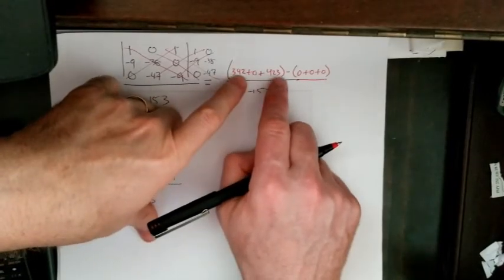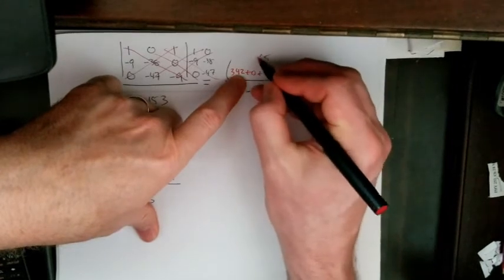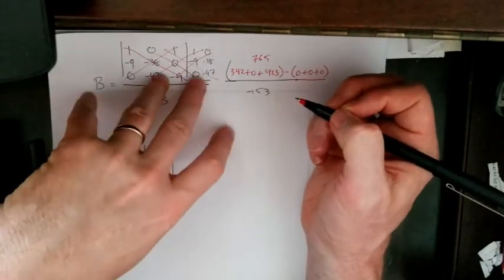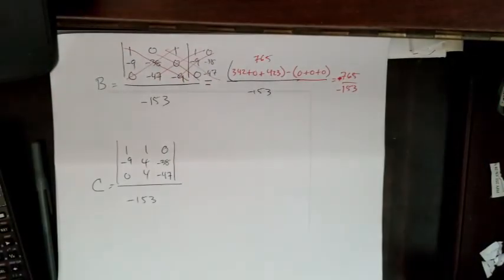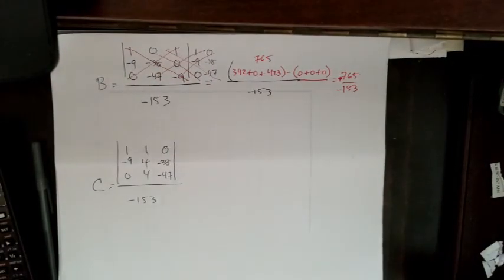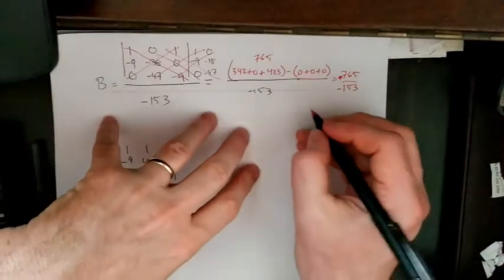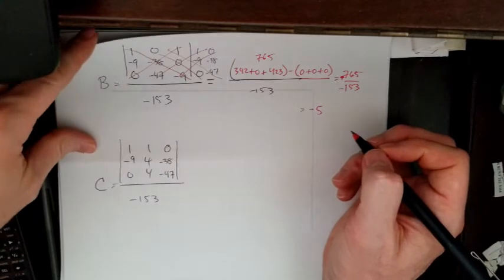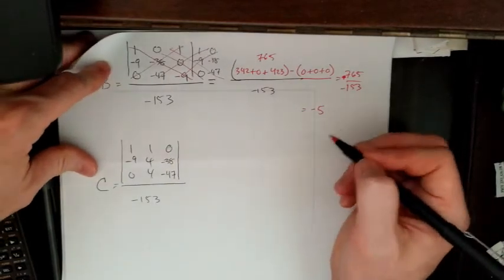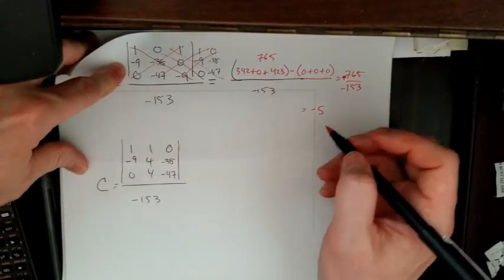This becomes 765. 765 over negative 153. So 765 divided by 153, and lo and behold, we end up with negative 5. Hey, that's what we had before. And again, properly, we don't have units in here. This is just the math technique.